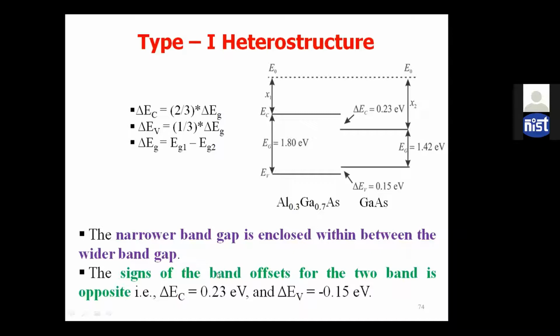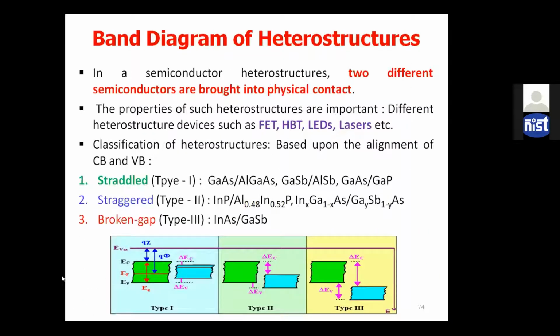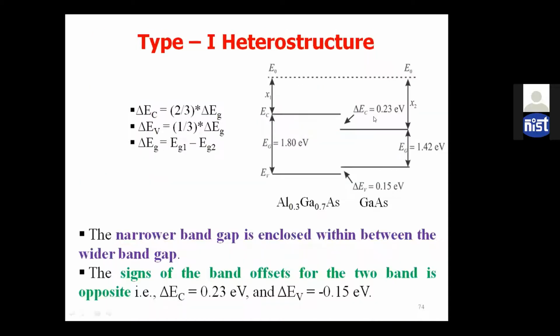So when the band offsets for the two bands are opposite in sign, you can judge that it is a type 1 heterostructure. Type 1 means that it is the straddle. Here the delta EC is around 0.23 eV, and that delta EV is around minus 0.15 eV.